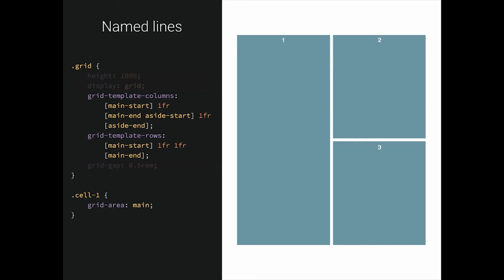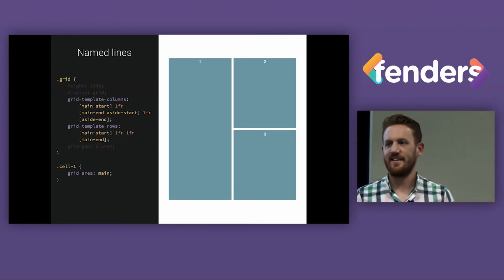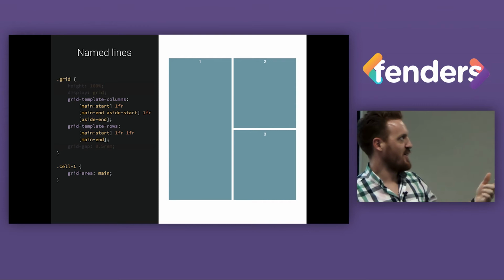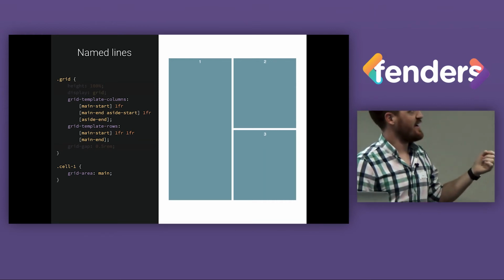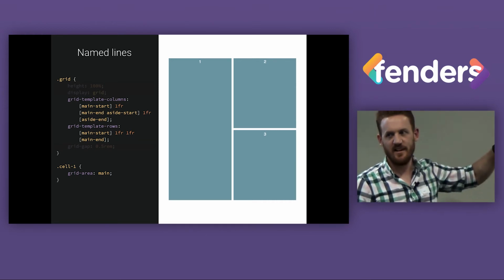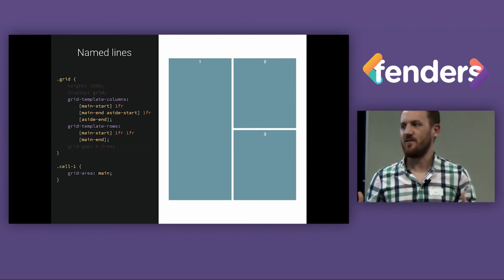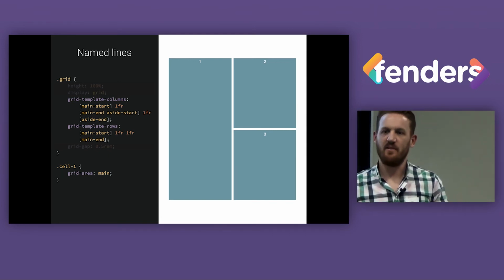If you'll notice this naming system that I'm using of start, end, so prefix something, start, end. You can name those whatever you like. It doesn't have to follow that standard. If you do follow that standard of start, end, and there's matching rows, Grid will automatically give you the area of the same name.